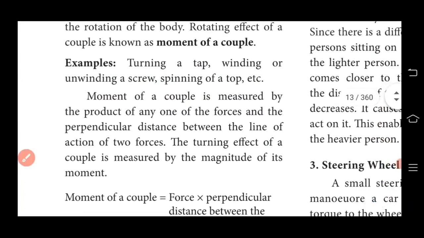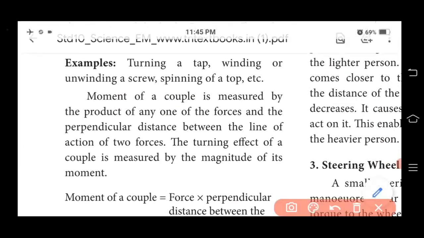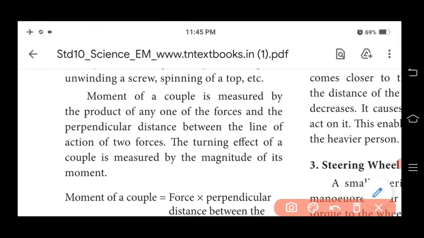Moment of a couple is measured by the product of any one of the forces and the perpendicular distance between the lines of action of the two forces. The turning effect of a couple is measured by the magnitude of its moment.